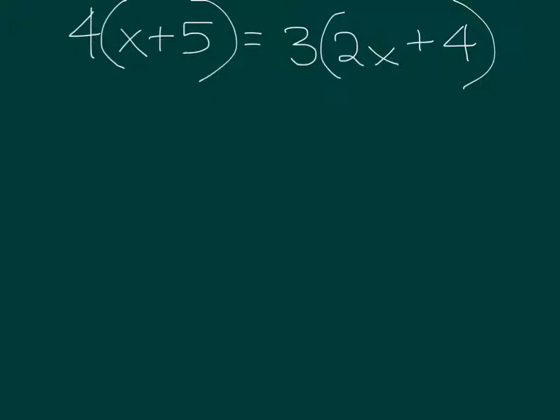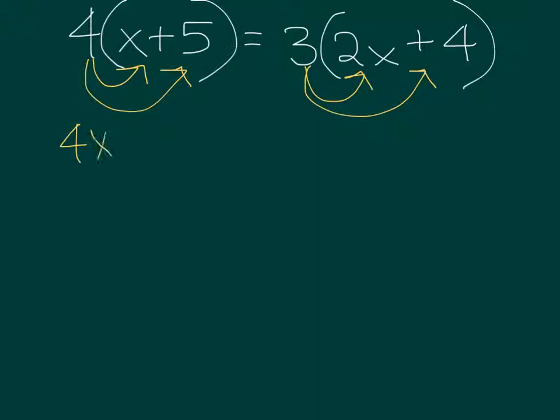Sometimes we also have what we call multi-step equations, and this is when we see things like this example that have a variable on both sides. So you want to solve each side of the equation first and then combine your like terms. So we're going to distribute our number into our parentheses on both sides.